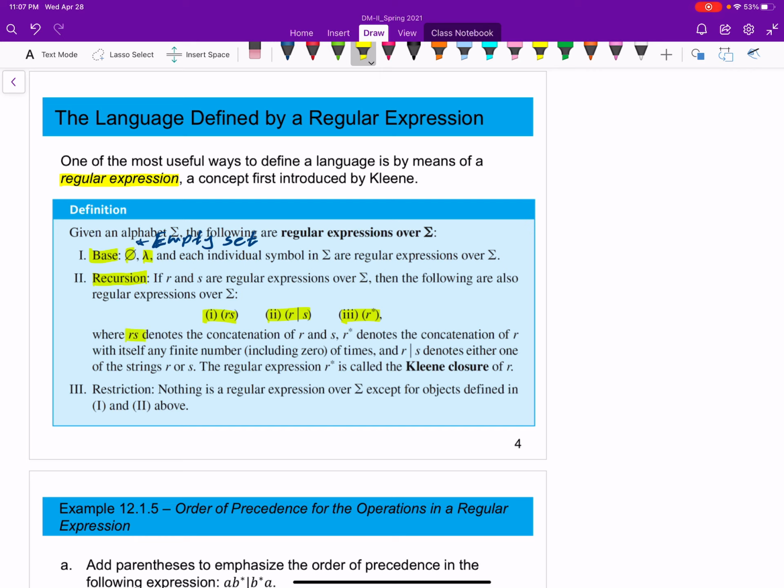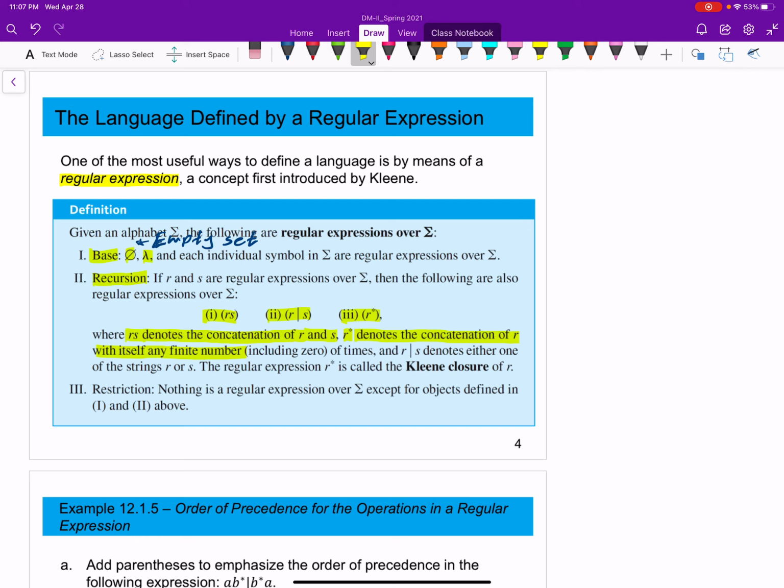RS denotes concatenation of R and S. R star denotes concatenation of R with itself any finite number of times, so you can concatenate R any number of times.